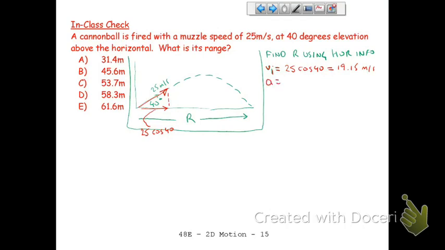Horizontal A is equal to 0 meters per second squared. Delta X is equal to R, which equals, I don't know. There's two more things. There's delta T and there's VF.